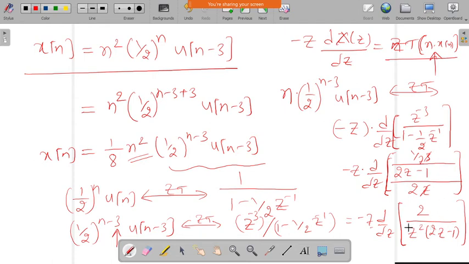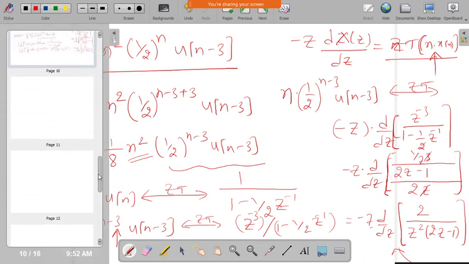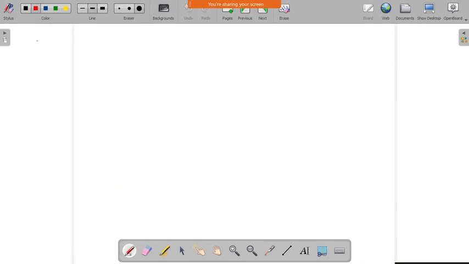So this is what we get in the simplification. Now we have to apply the differentiation for this. How to differentiate? Use the quotient rule. Make the denominator square and then differentiate the numerator. So minus z into d by dz of 2 divided by z square into 2z minus 1.